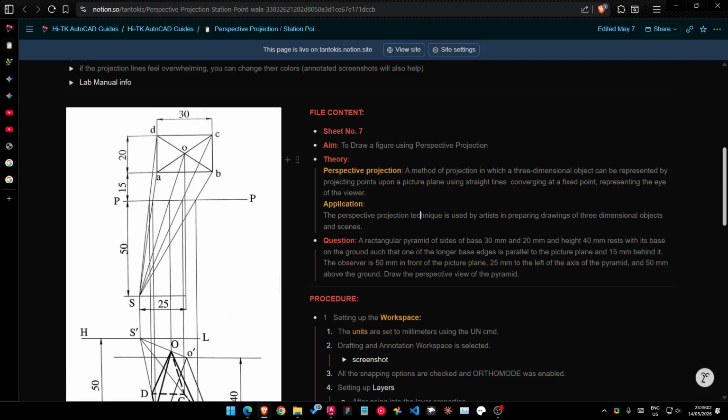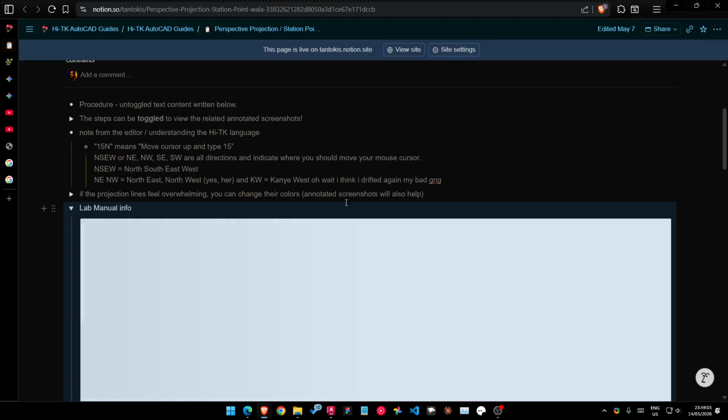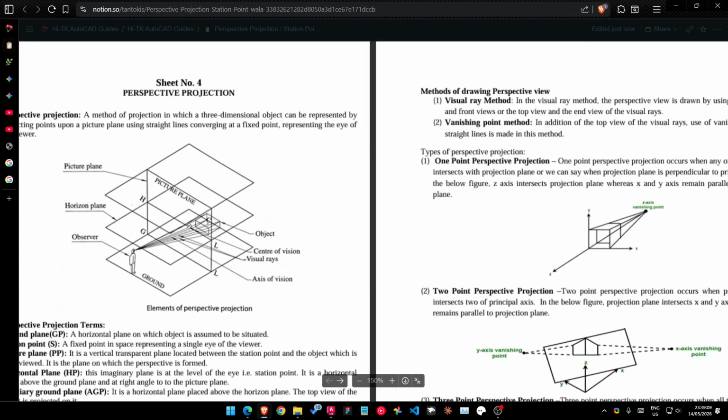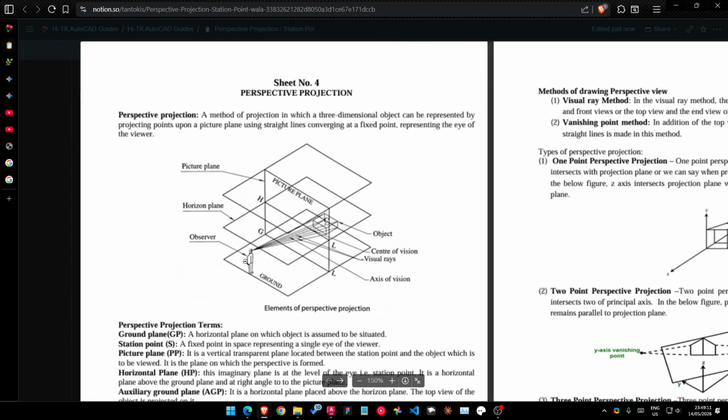So how do I know that behind is this? See, in the lab manual, this picture really helps you understand. This is where you are, and this is the picture plane, this vertical, and this is where the object is. So if you're looking at it from the top, which we are doing right now, the object is behind the picture plane.